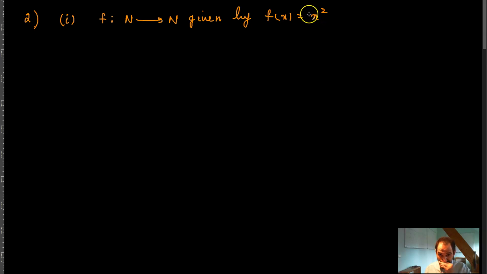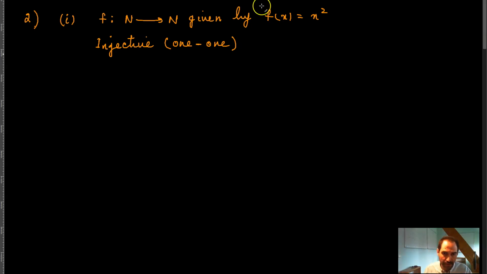Now, in order to check whether f is injective, injective means 1-to-1, right? If the function is 1-1, that means that every distinct member of the domain has a distinct image in the range.